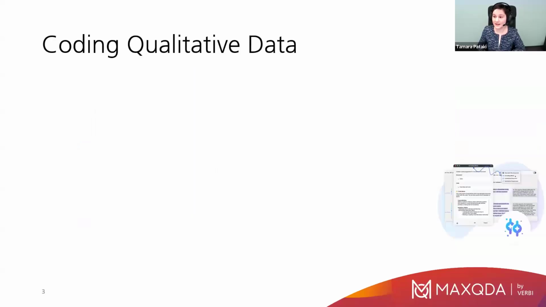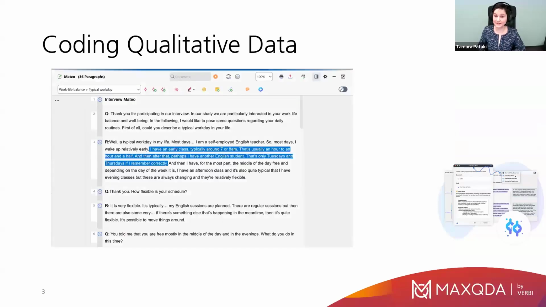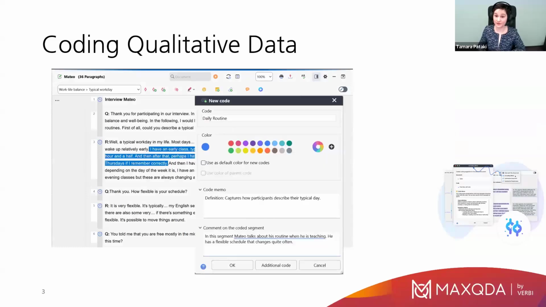Coding qualitative data is very easy in Maxqda. You simply highlight a segment that you deem interesting, and then you can select the feature that you would like to create a new code. You can name this code. You can create a memo that can capture, for example, the code definition, and then you can also create a comment on the coded segment.